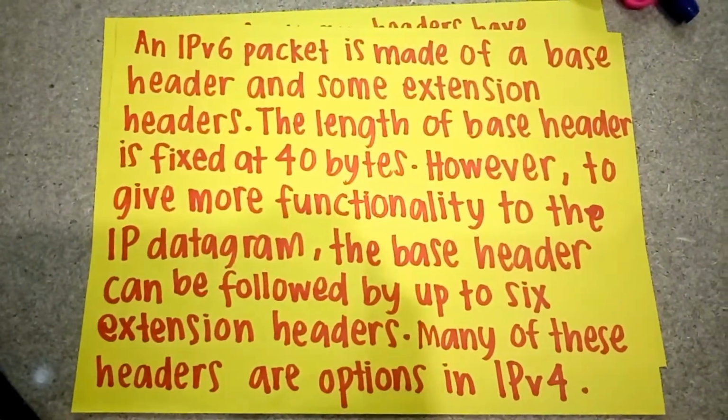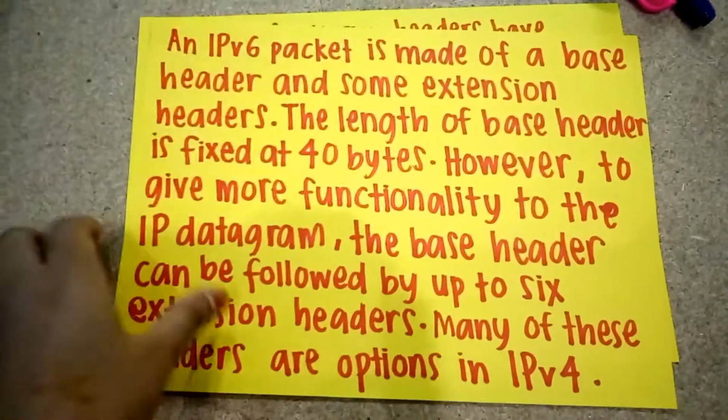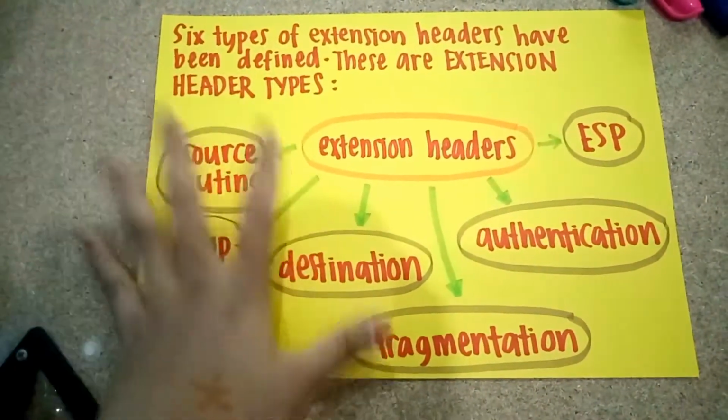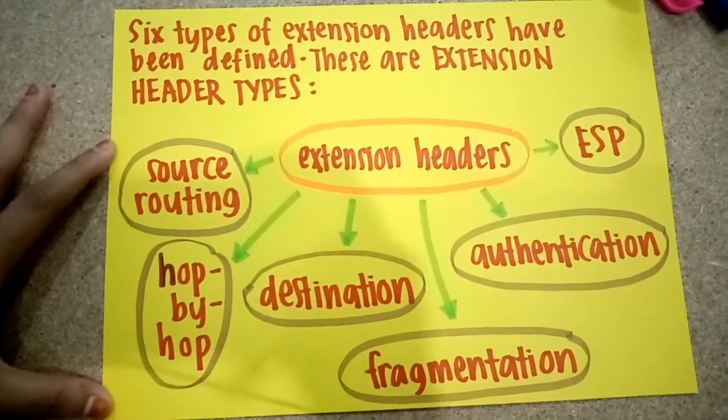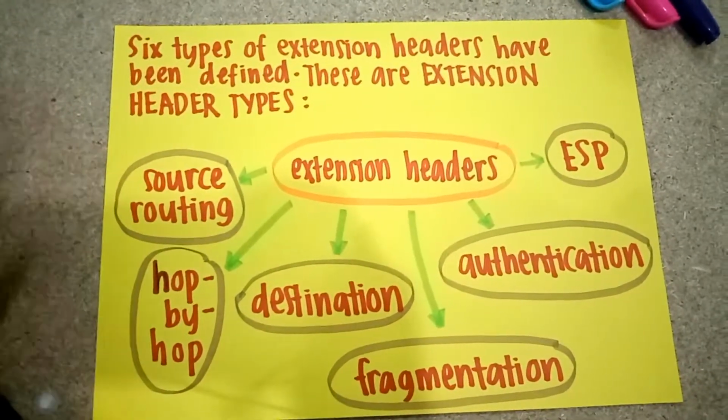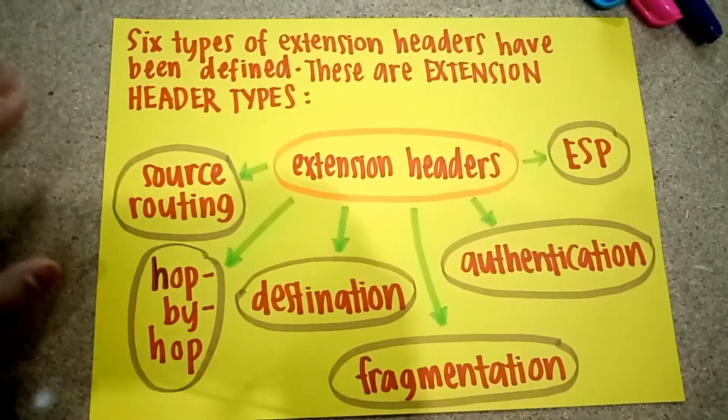Many of these headers are options in IPv4. There are 6 types of extension headers that have been defined.